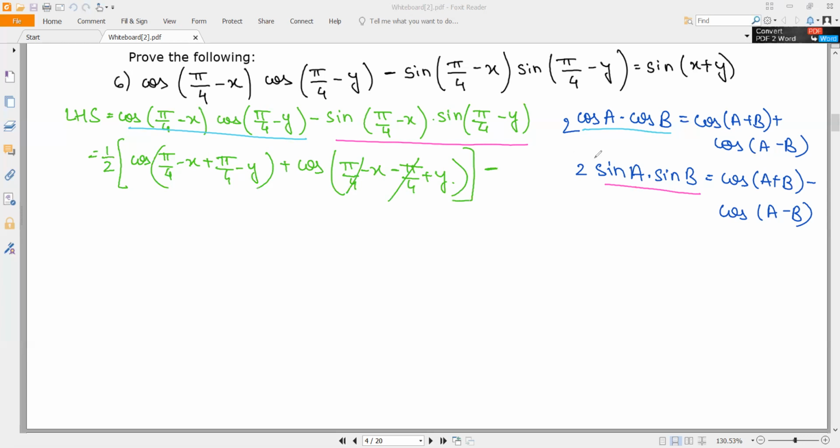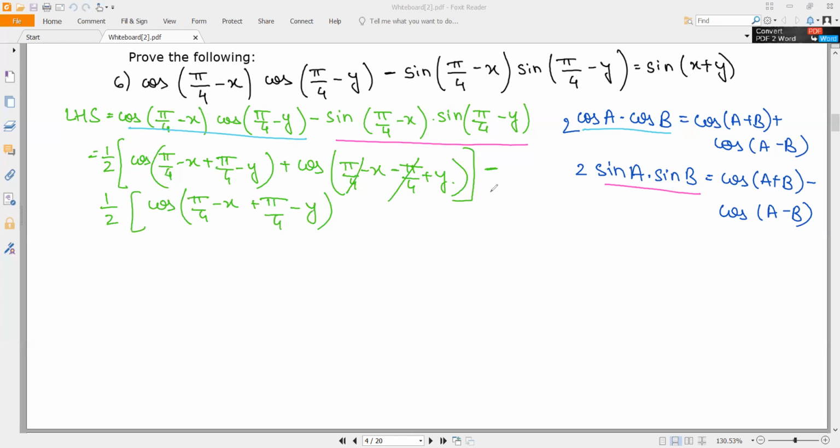Minus sine. Sine is also 1 by 2 because 2 will go on the right hand side. You have cos pi by 4 minus x plus pi by 4 minus y.